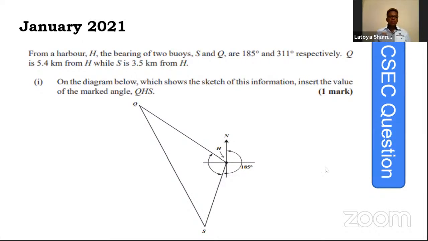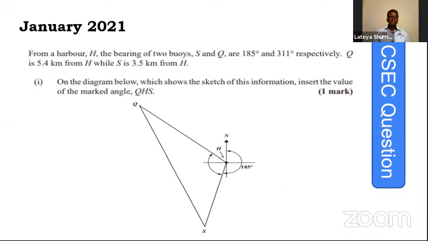Now, the angle QHS, where is that located? Which of the letters would that angle be formed? Would it be Q, would it be H, or would it be S? Which of those letters should I be inserting my angle value? Great. I'm seeing H. Excellent.